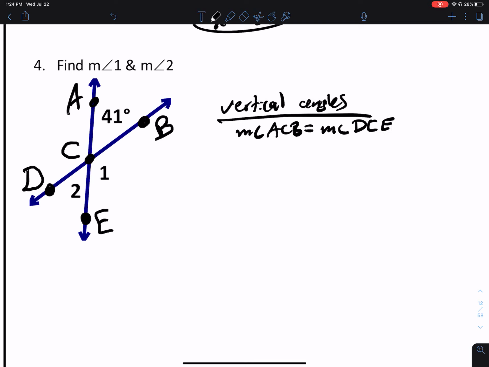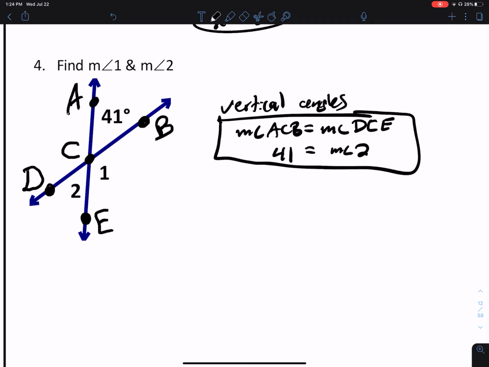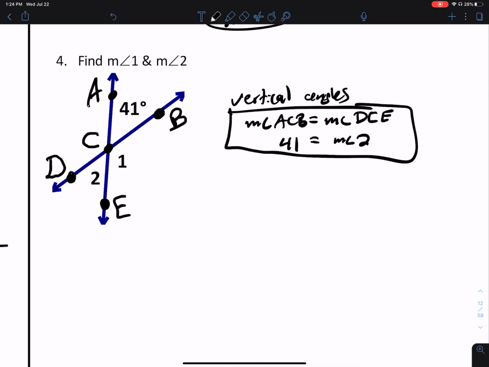So measure of angle ACB is 41. Measure of angle DCE, that's the measure of angle 2. So I know what the measure of angle 2 is. That's easy.